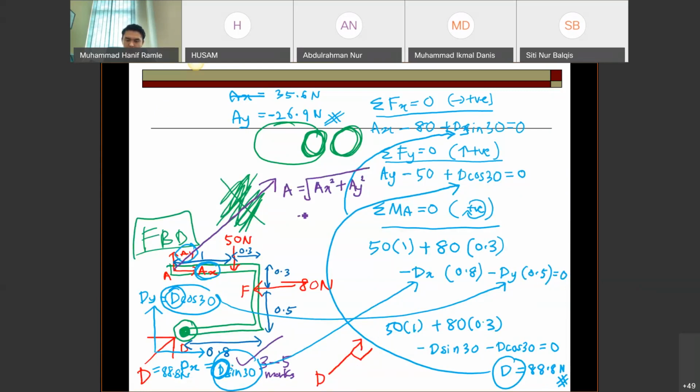And then you will get A equal to 44.6 Newton.